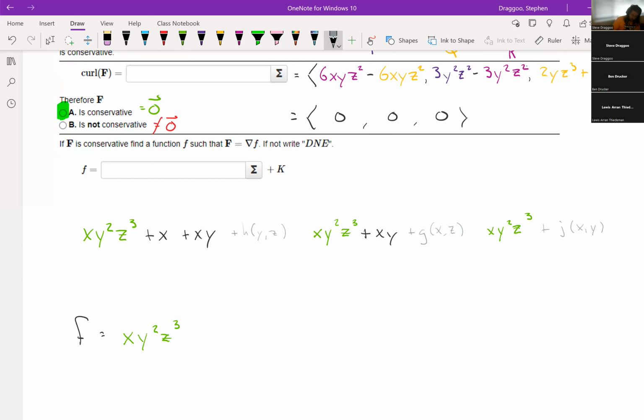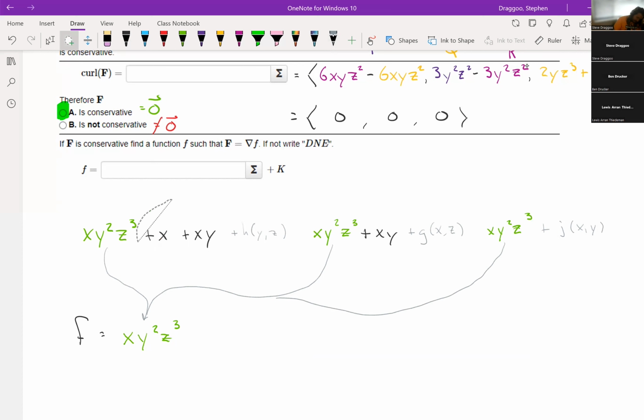For each of those, they all show up in f. But I don't want to include that term 3 different times. I only want to include it once. Because that one term, when I take partial derivatives, will show up in each of the other 3 partials. So that takes care of that term, which shows up in all 3.